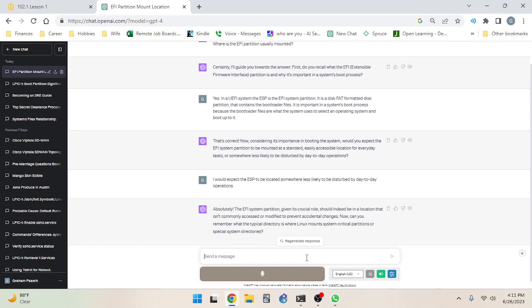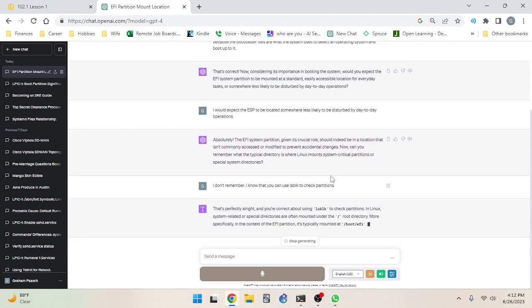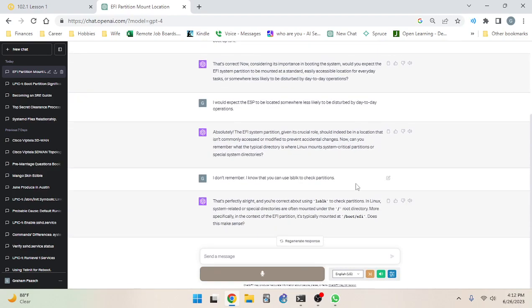I don't remember, I know that you can use lsblk to check partitions. That's perfectly alright, and you're correct about using lsblk to check partitions. In Linux, system-related or special directories are often mounted under the root directory. More specifically, in the context of the EFI partition, it's typically mounted at /boot/EFI.